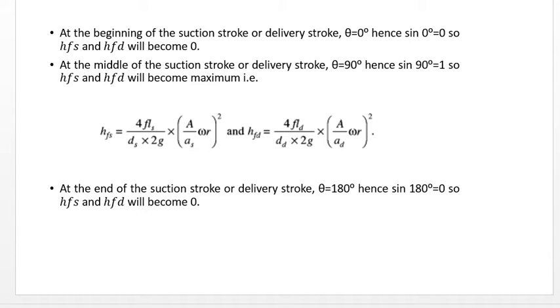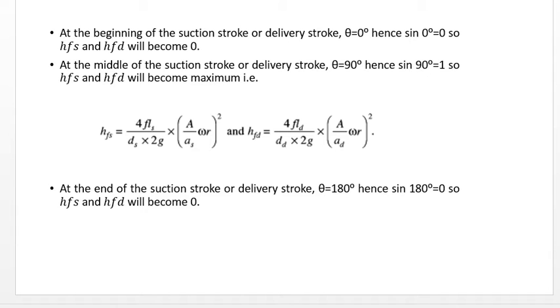But at the middle of the stroke, when θ is equal to 90 degrees, that is when the crank rotates from θ equal to 0 to θ equal to 90 degrees, at that point sin 90 is equal to 1. It means HFS and HFD will become maximum. This is the maximum value of friction head in the suction and delivery pipe.